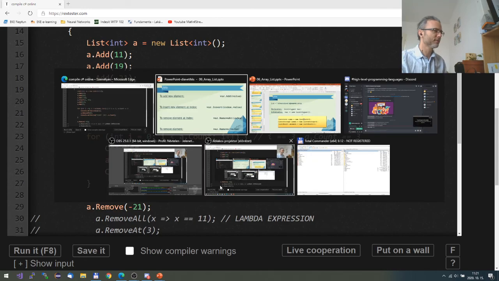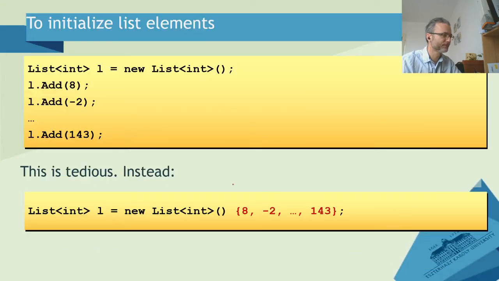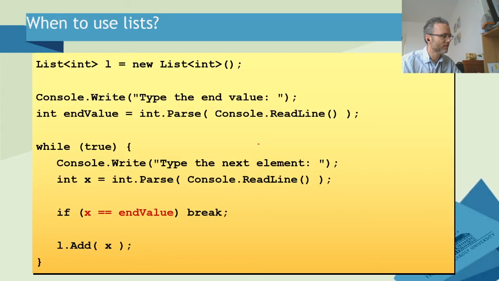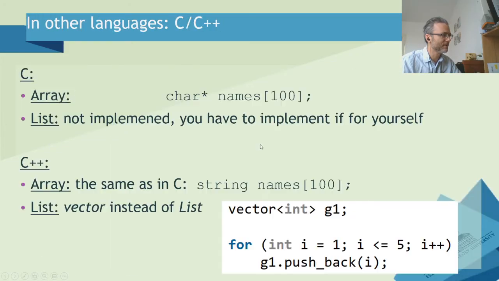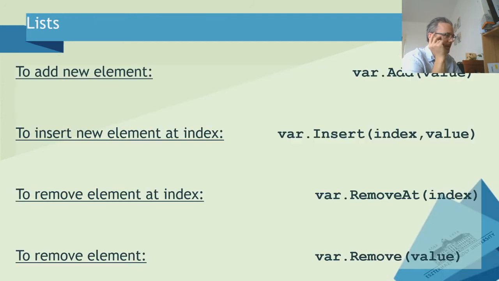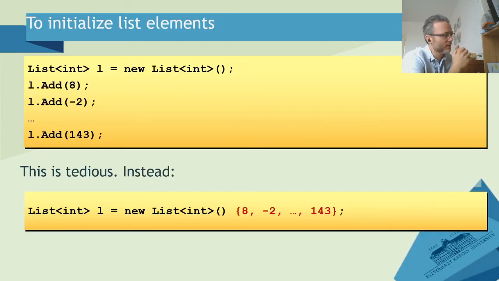Okay, guys, we have 10 minutes left, so let me finish this slideshow. First of all, you can initialize lists in this convenient way. You remember we did the same for arrays. You can do the same for lists actually.